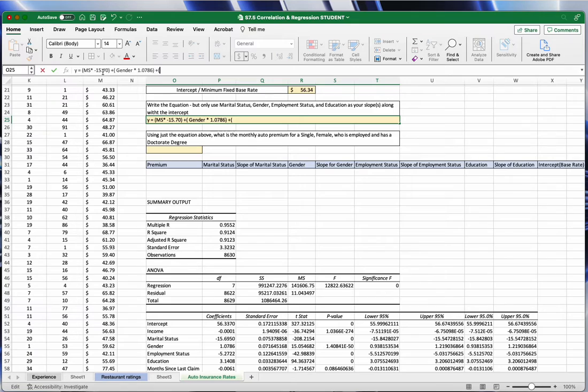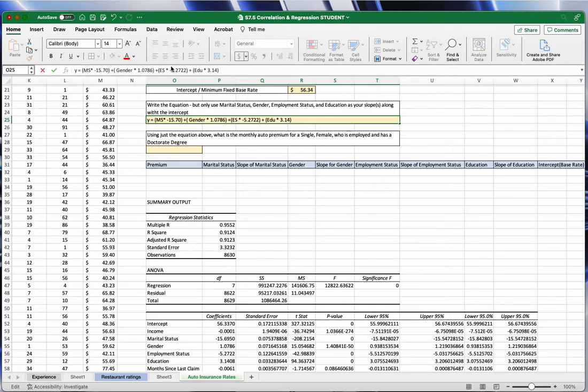plus our employment status. We can just do ES for employment status, times its slope, and we have to look down here, it's -5.22272, so times -5.2722, and then that's added to, again, education, edu times its rate, which is 3.14, pi.